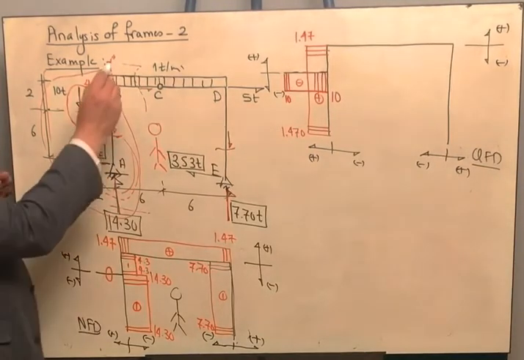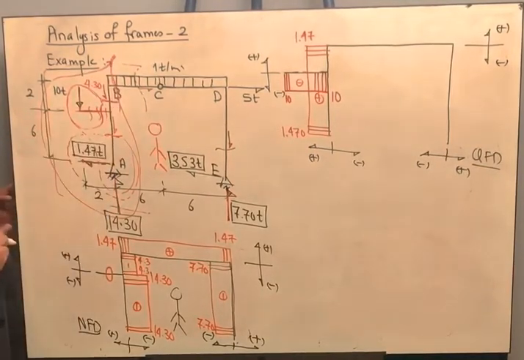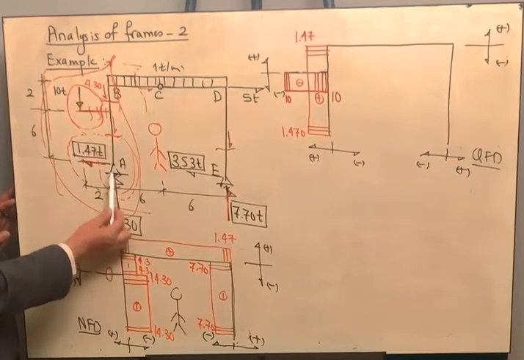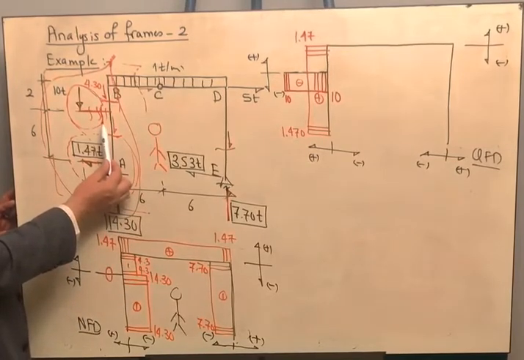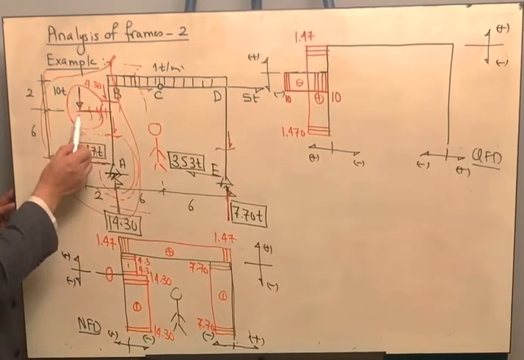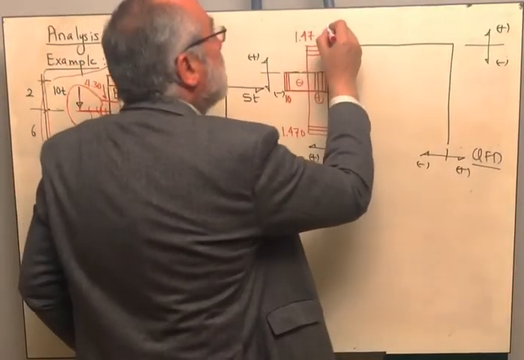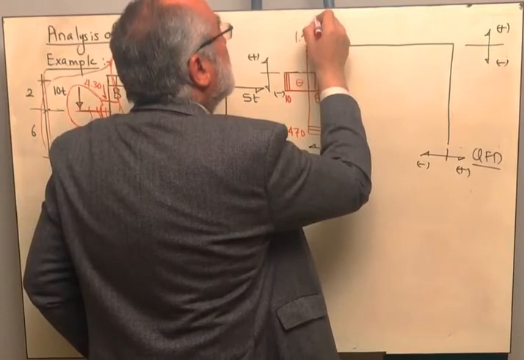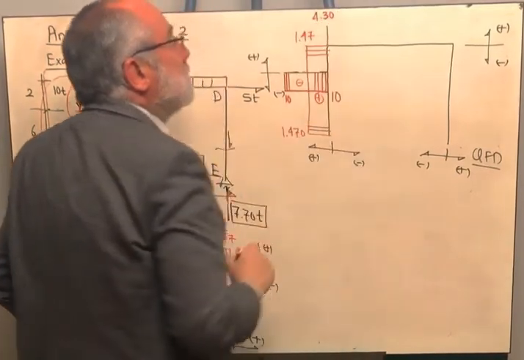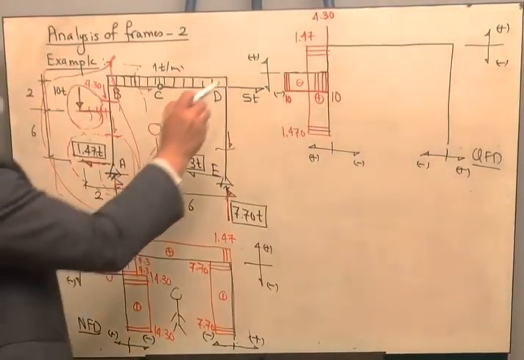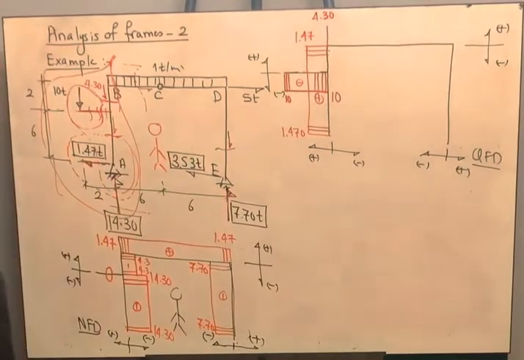Then when you are cutting a section like this and counting the forces on your left, you are having 14.3 upward causing positive shear, and 10 ton downward causing negative shear. This means at this point I am having 4.3 tons positive shear. Since it is positive, it is drawn on the far side.